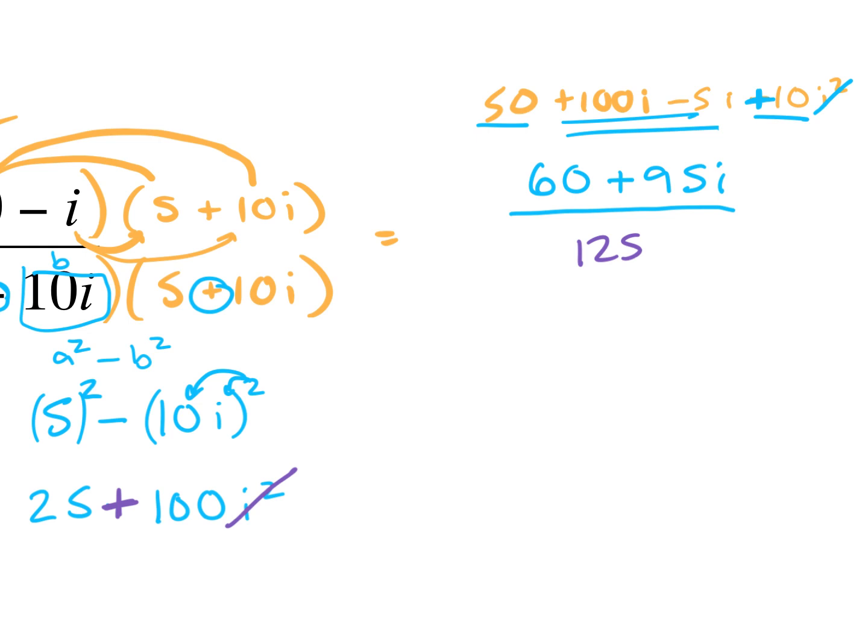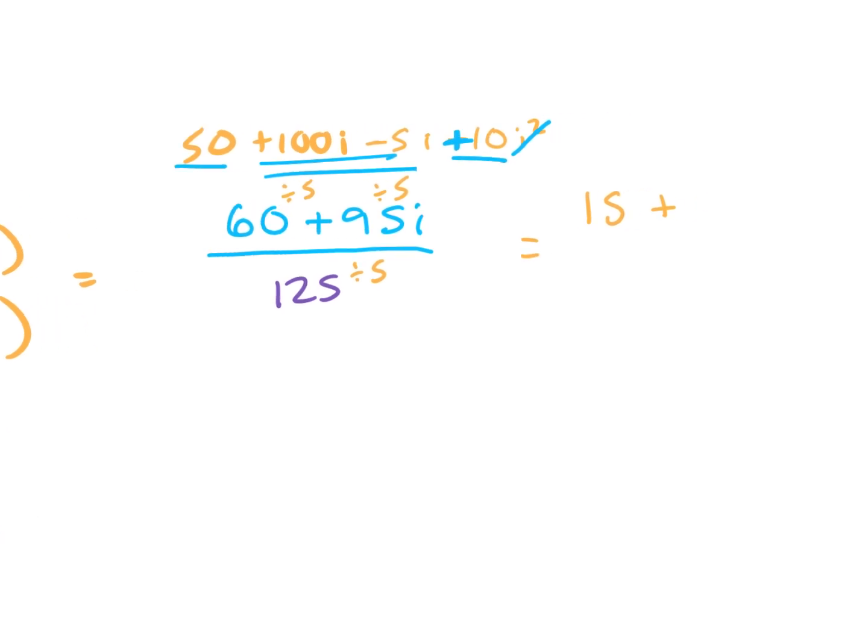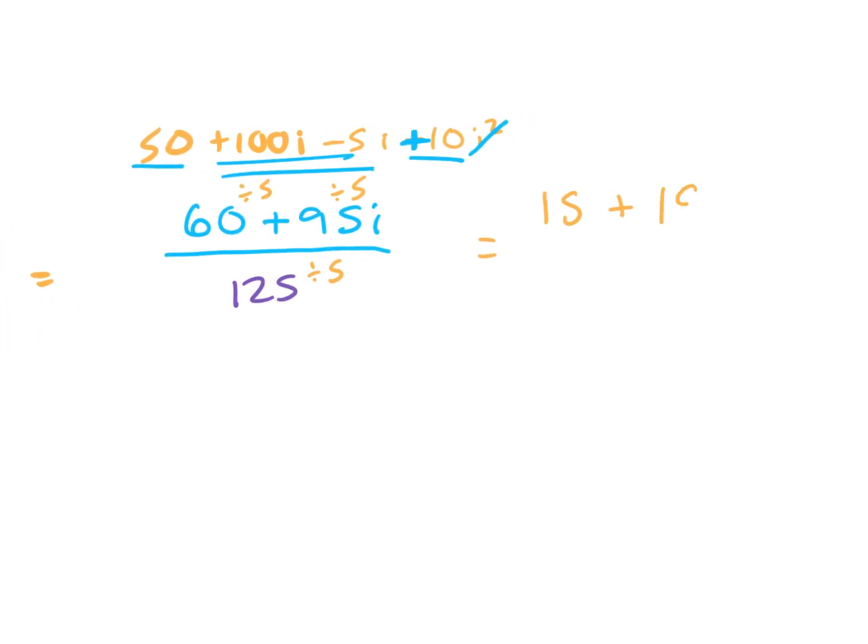Can we simplify this? Yeah. How? They're all divisible by 5. So let's divide each one by 5. 60 divided by 5 is 12. 95 divided by 5? 19i. And 25 divided by 5 is 5. Can I simplify it any more?